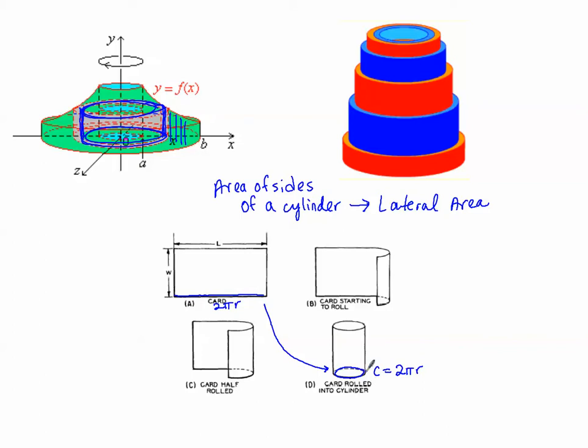Then the height of our cylinder is the height of the rectangle. So the area of that rectangle, which we know to be usually length times width, becomes 2 pi r times h. And that is the lateral area of a cylinder, 2 pi r h.